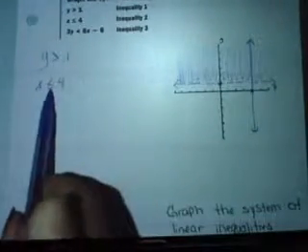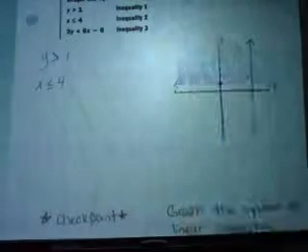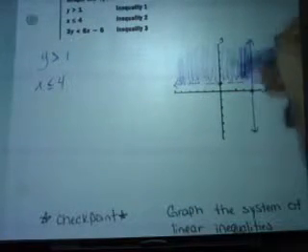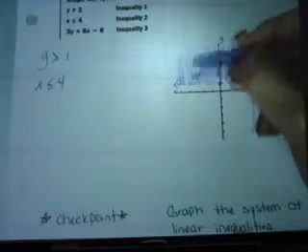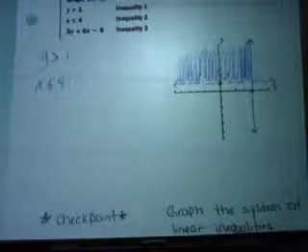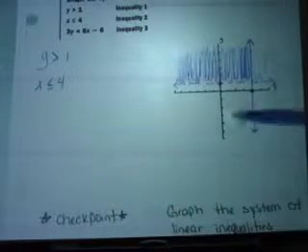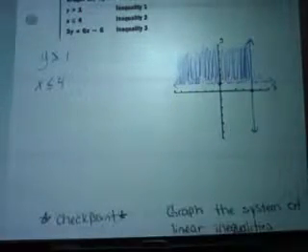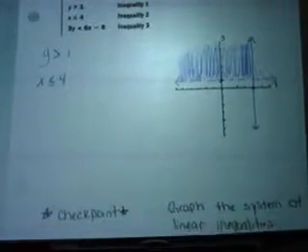It's less than, so that means I'm getting smaller, so I'm going to shade to the left, in this area right here. I'm not going to shade down here because that did not fit where I shaded with the other line. It has to have a common shading.